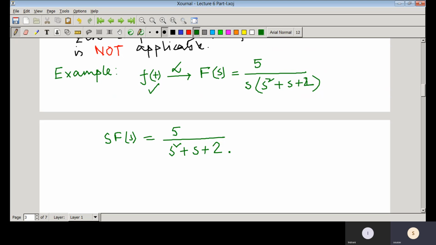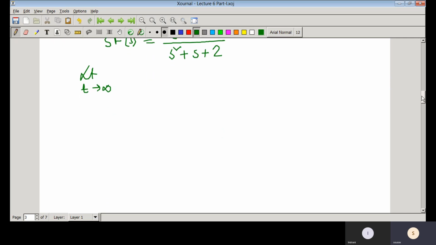So you can apply the final value theorem, and if you apply it, what will you get? Limit t tends to infinity of f(t) equals, according to the final value theorem, limit s tends to 0 of sF(s).